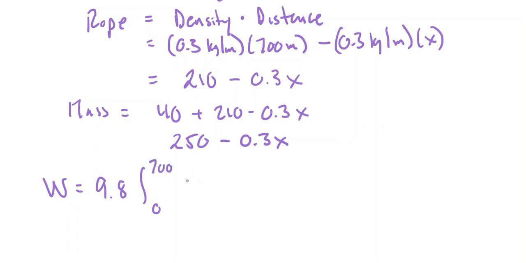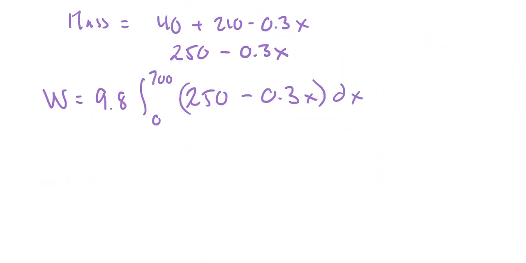And our function now is 250 minus 0.3x dx. Now it's just time to integrate. So that's the hard part. The hard part is coming up with the integral that you need to integrate. But let's just go ahead and finish this.